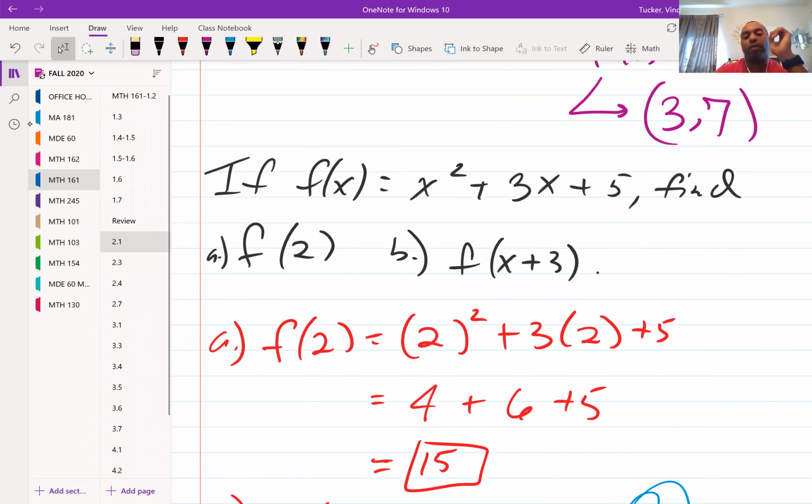So f of 2 is 2 squared plus 3 times 2 plus 5. 2 squared is 4. 3 times 2 is 6. 4 plus 6 plus 5 is 15.